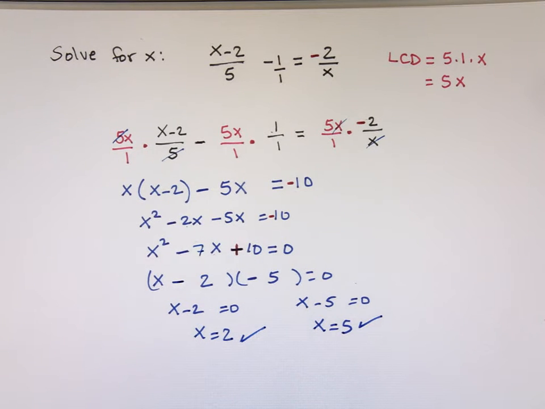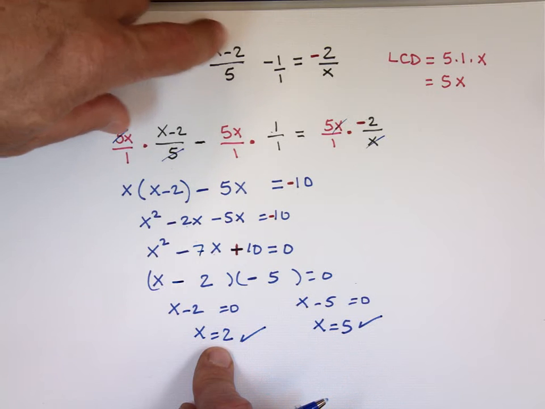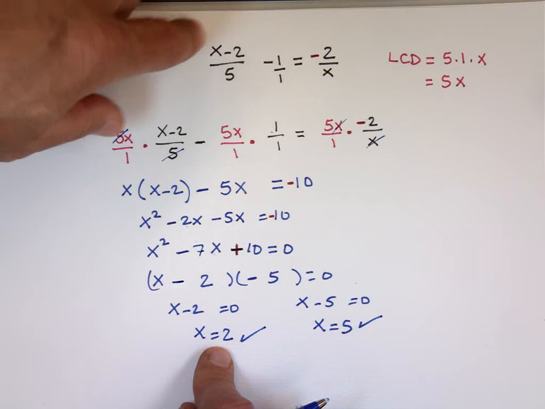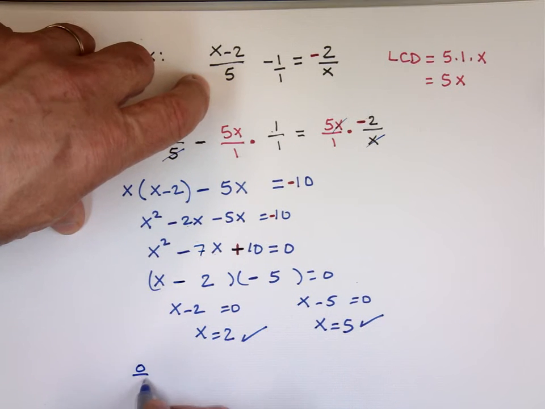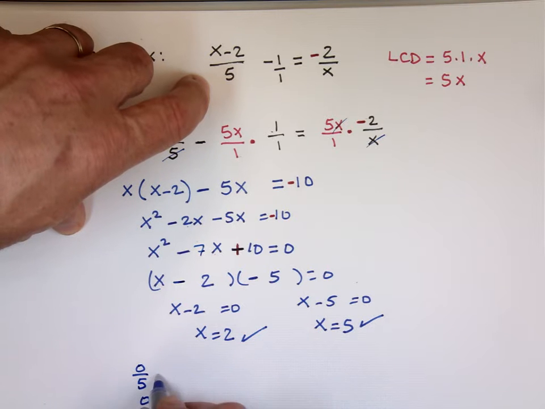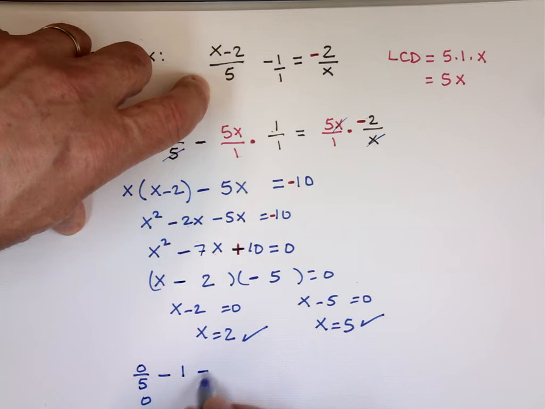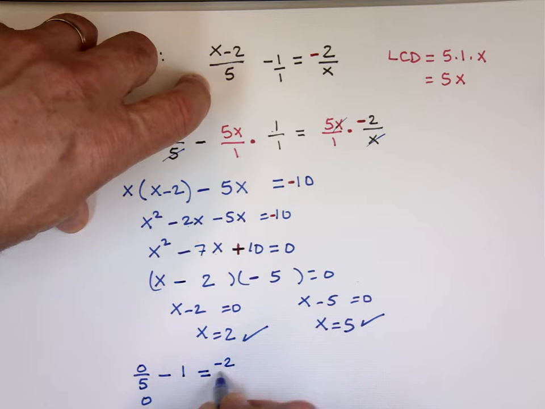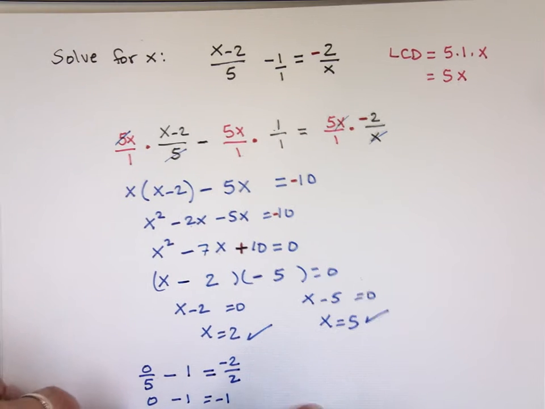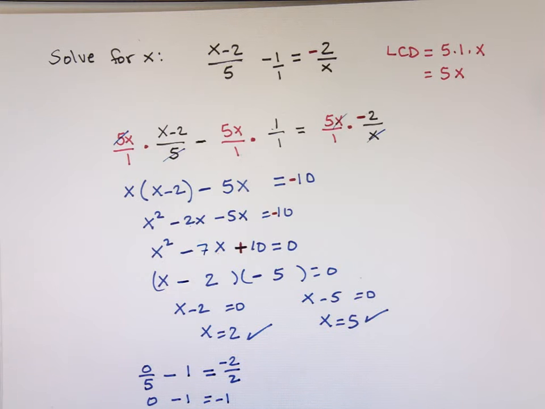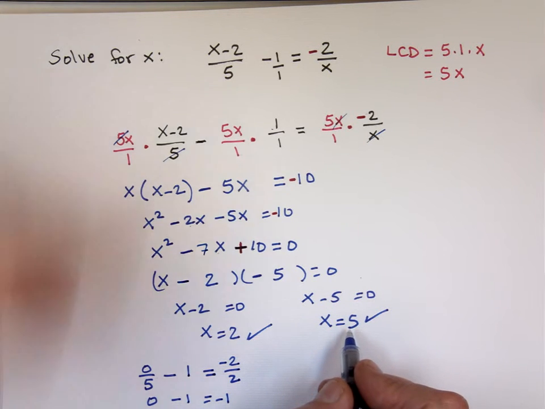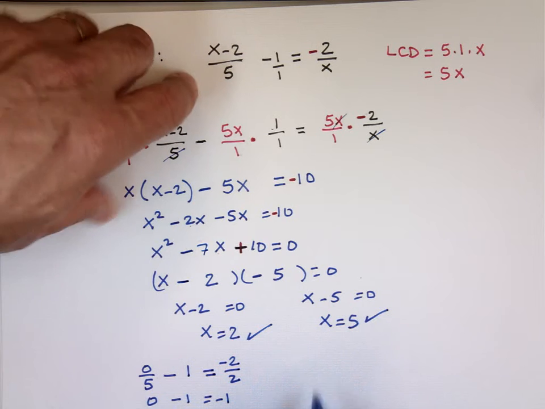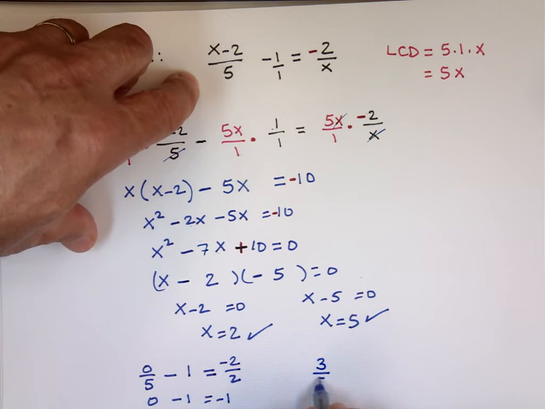Now we can plug them in to see if they do work or not. Let's test the 2. When x is 2, what is 2 minus 2? 0. 0 divided by 5, which is 0, minus the 1. Does that equal negative 2 over 2? Yes. Let's try the 5. When x is 5, 5 minus 2 is what? 3 over 5 minus the 1.